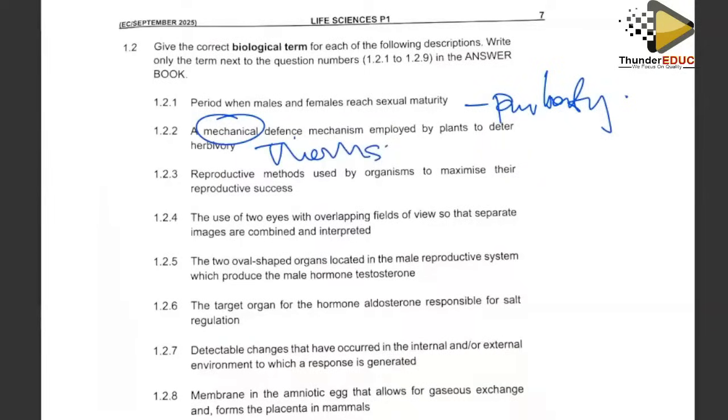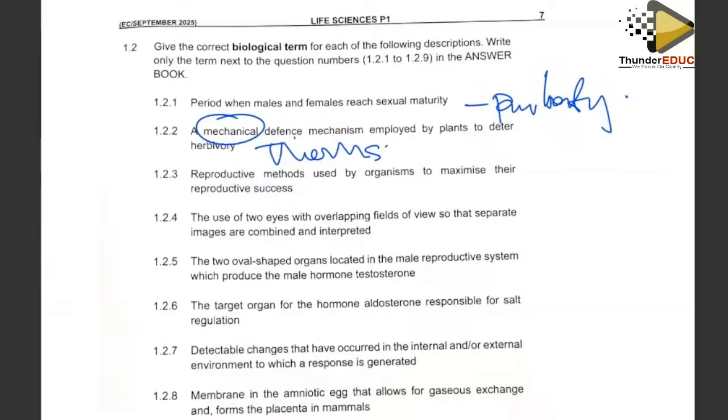However, there are some organisms which can eat thorns, like the giraffes. Yes. Reproductive mechanism used by organisms to maximize their reproductive success. We call this a reproductive strategy.